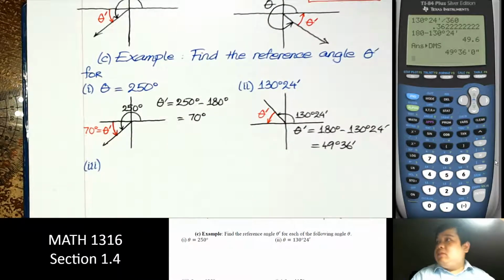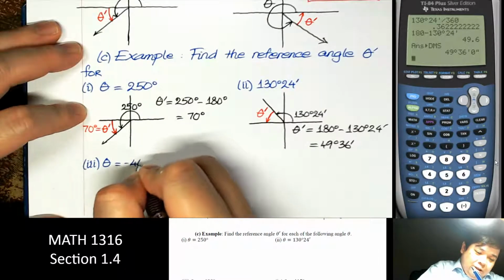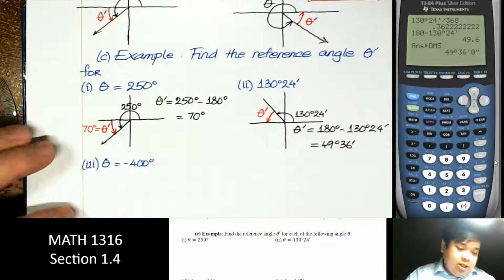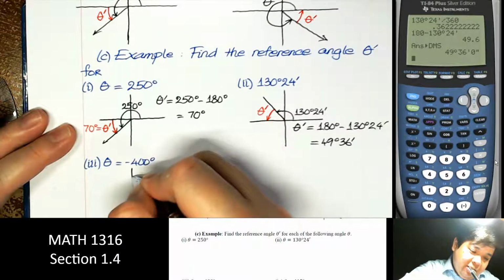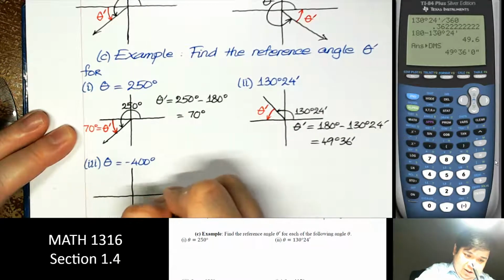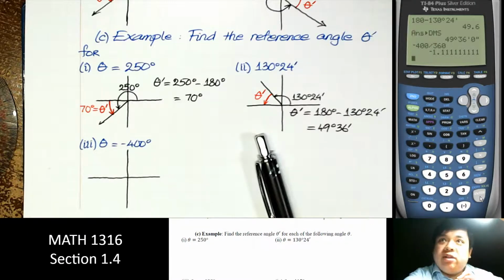Example 3: negative 400 degrees. So negative 400 divided by 360 is like negative 1.11 something.